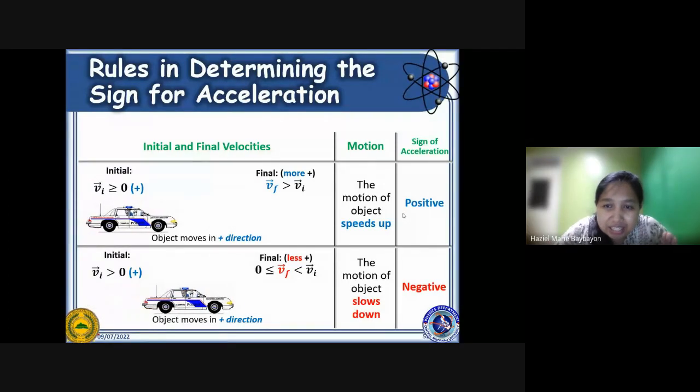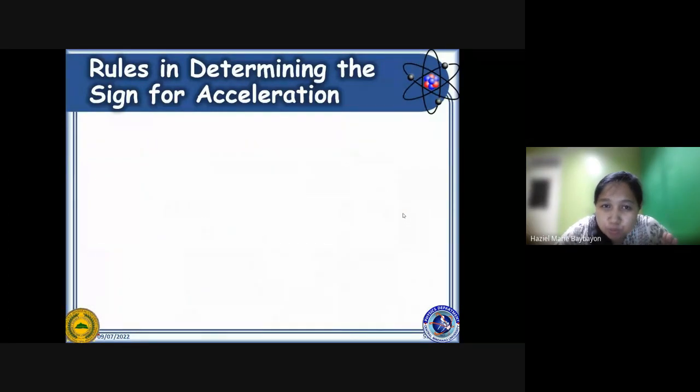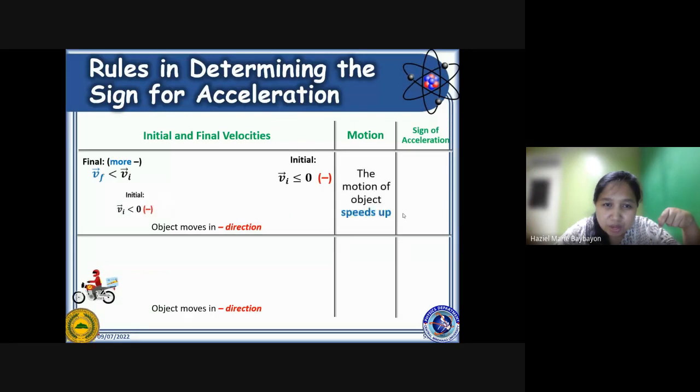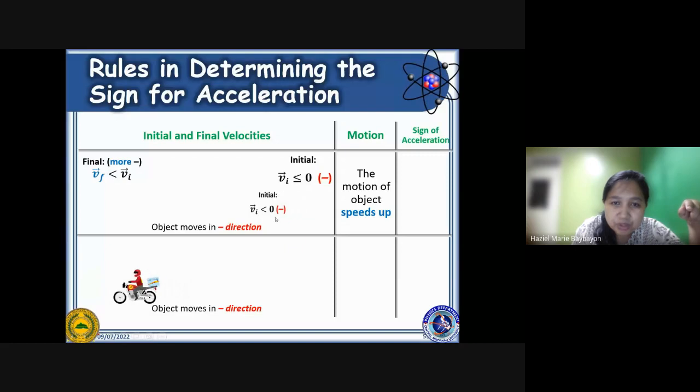And then, how about if you have objects that are moving in the negative direction? So, kung may mga objects moving in the negative direction, that means to the left or downwards. So, naay duha ka objects diri nga nag-move to the left. Okay.